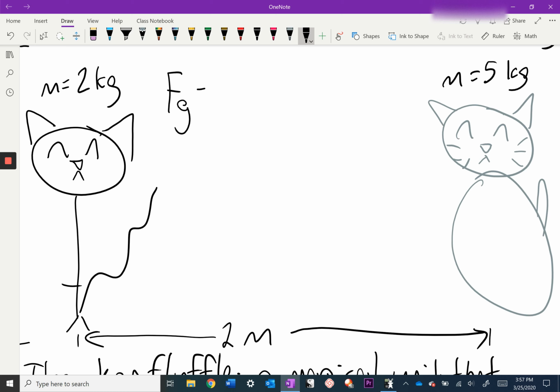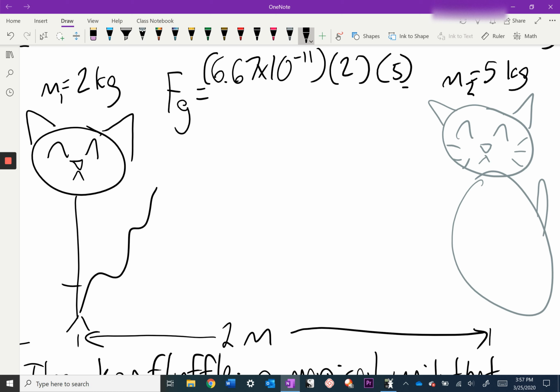The force of gravity is equal to big G, which is 6.67 times 10 to the negative 11th, times mass number 1, which is 2 kilos, times mass number 2, which is 5 kilos, all divided by R, the distance between the two, squared.